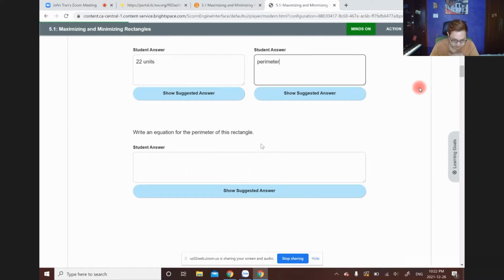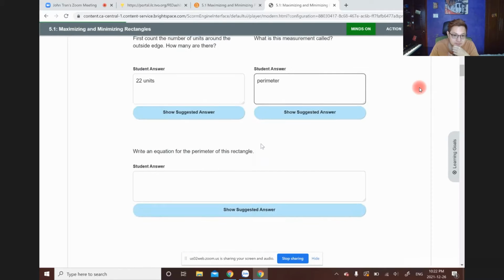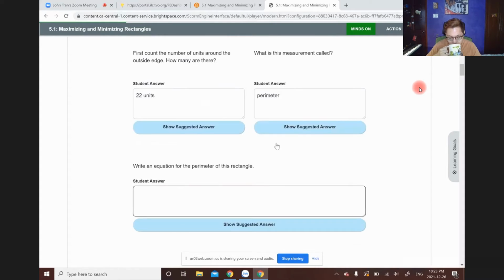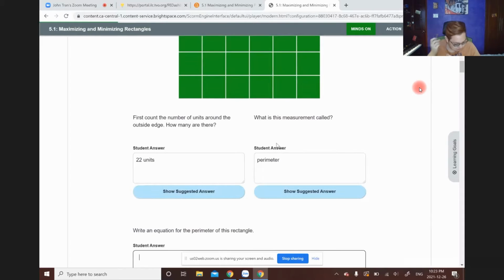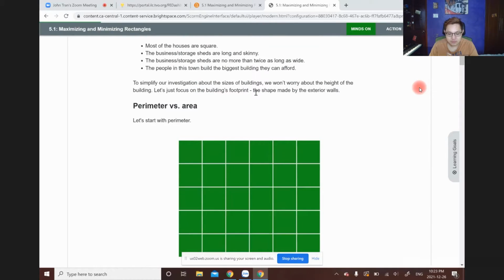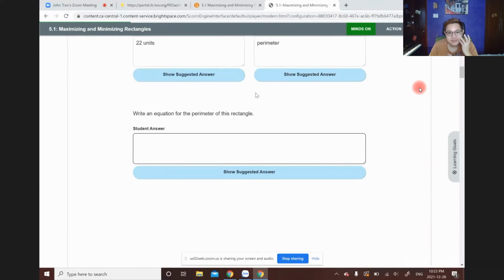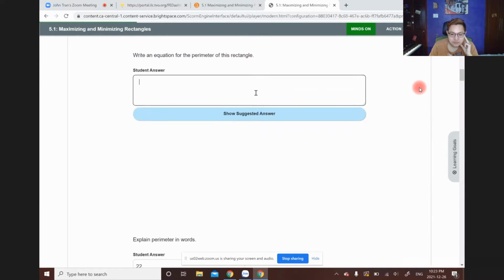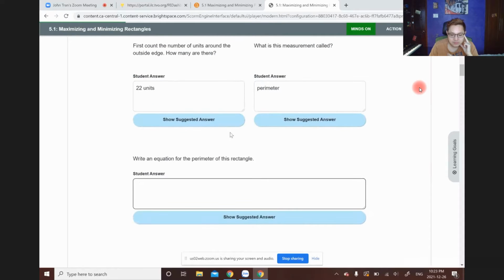Write an equation for the perimeter of this rectangle. Perimeter.